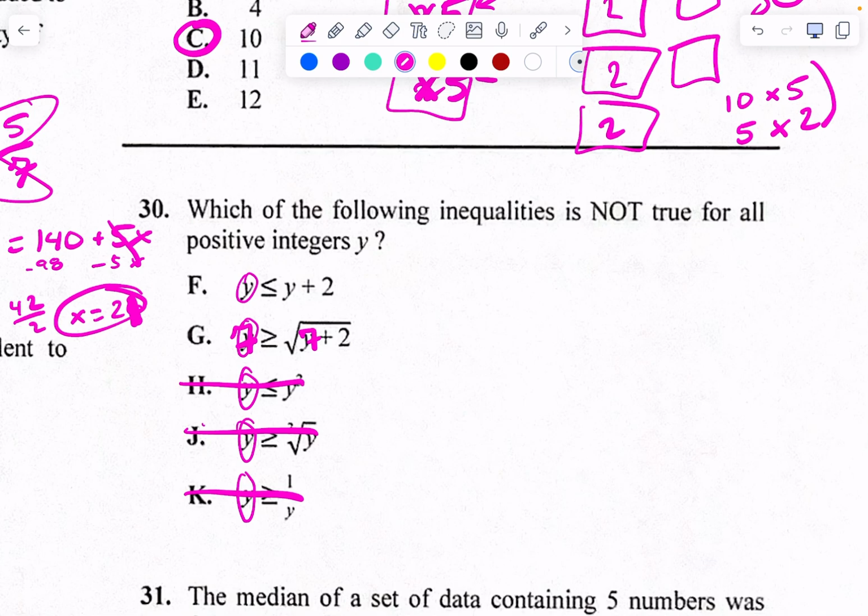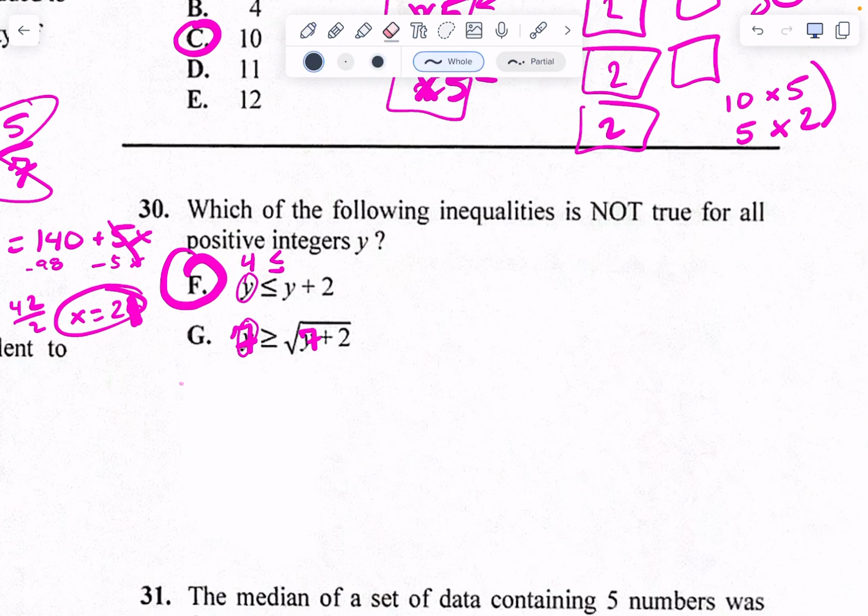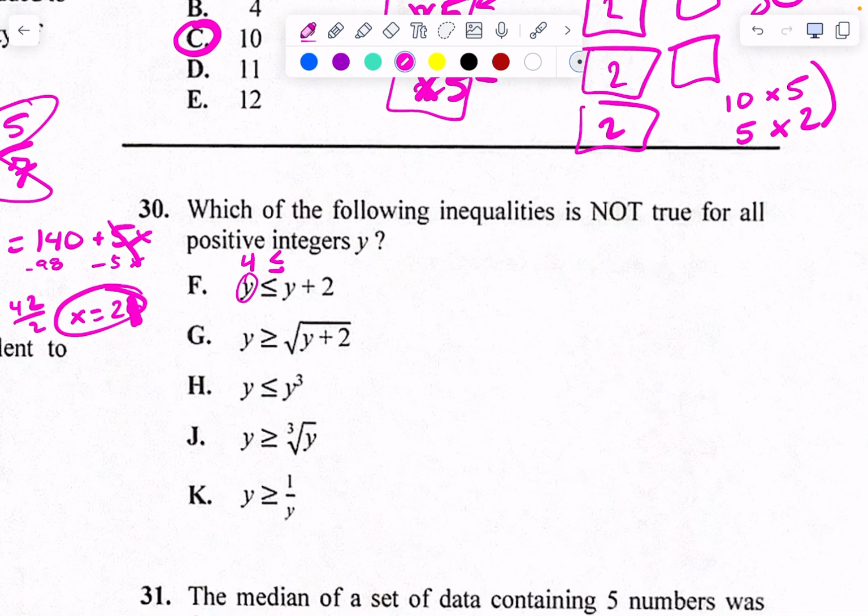No, it is F. That's not true. F is not true. Right? Which of the inequalities is not true for all positive integers? So, like, let's plug a number in here, 4. 4 is less than, oh, wait. That is true. Oh, shoot. I'm trying to go fast and then I lose track of it. So, F is true.